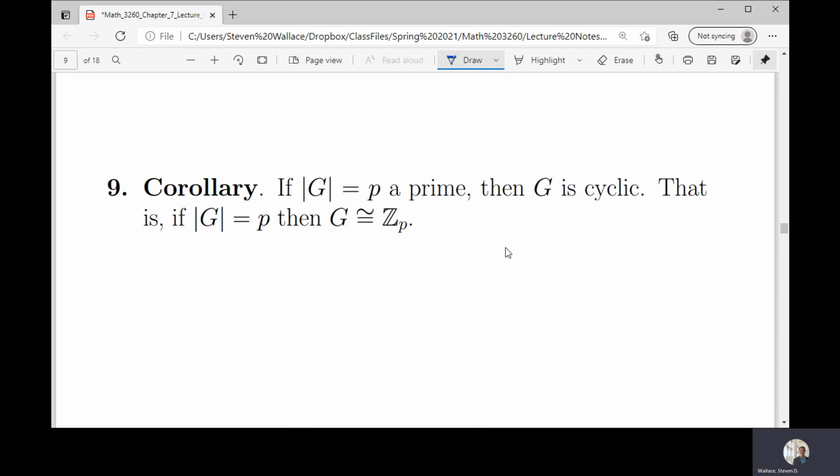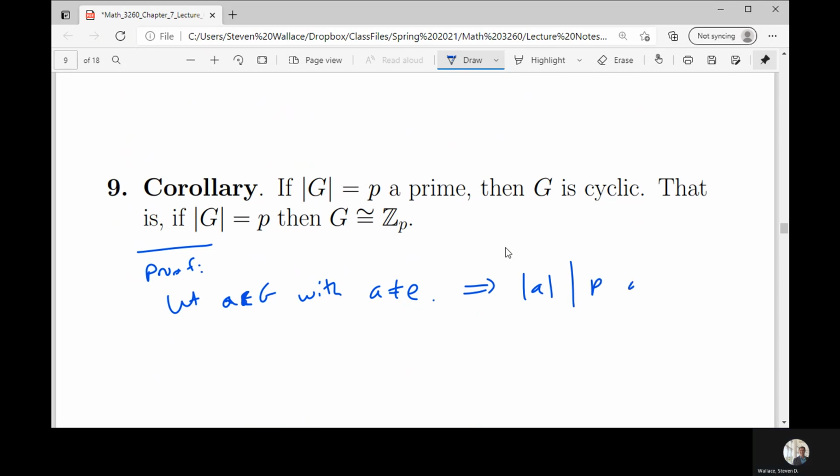So why is this the case? Well, let a be an element of G with a not the identity. Then the order of a must divide p, and the order of a is not equal to 1.